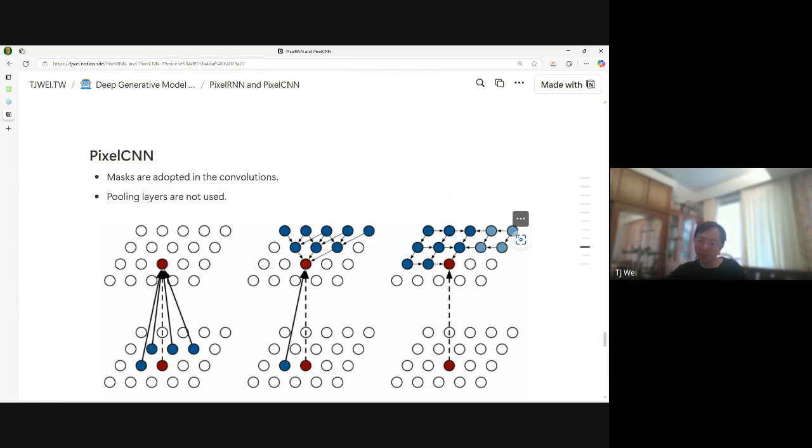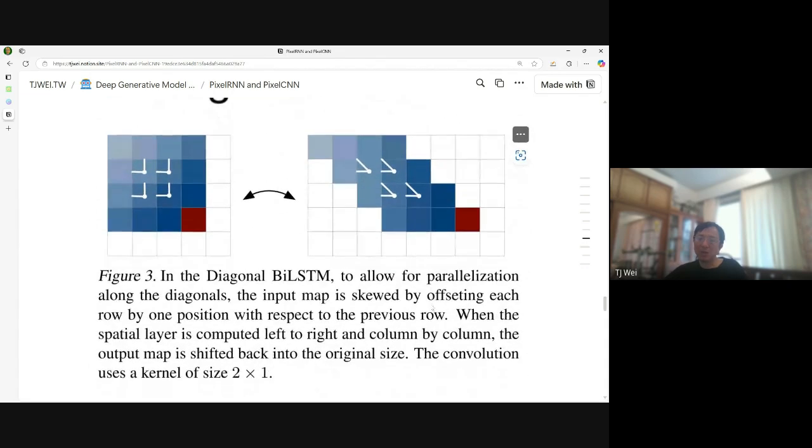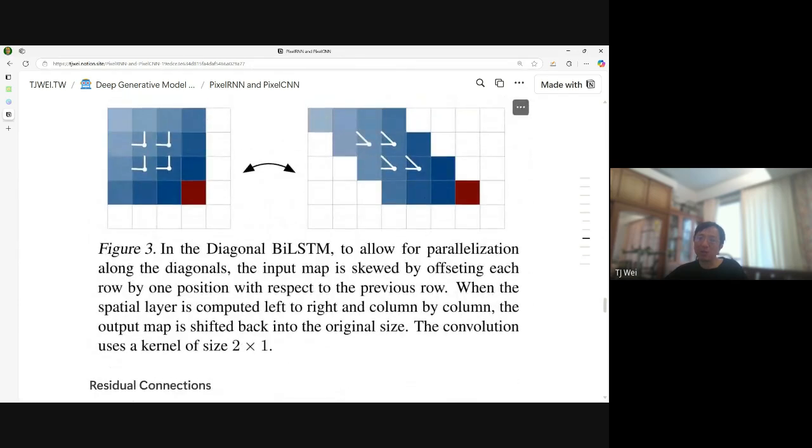Okay, so about the PixelRNN, the LSTM: when we do the training, the LSTM still needs to work more sequentially because of the architecture of the LSTM. But if you see it right here, what we are doing is very similar to convolution, because every pixel is dependent on certain neighbors that precede it.